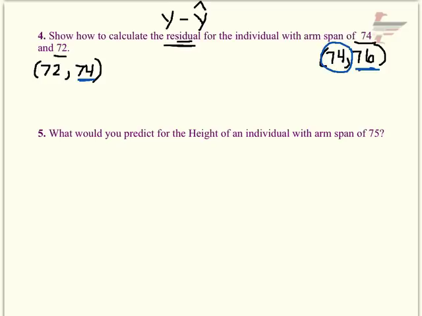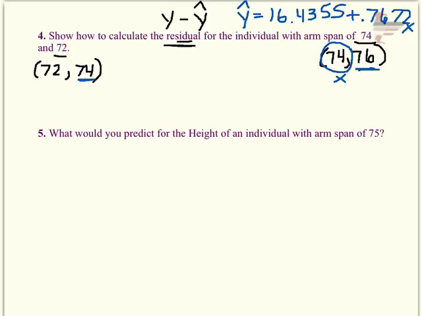So I'm going to remind you of our prediction equation from the previous problem, and that was 16.4355 plus 0.7672x. Okay, so you need to put in the x value, so put in 74, and pause the video and do this, okay? Put in 74 for x.